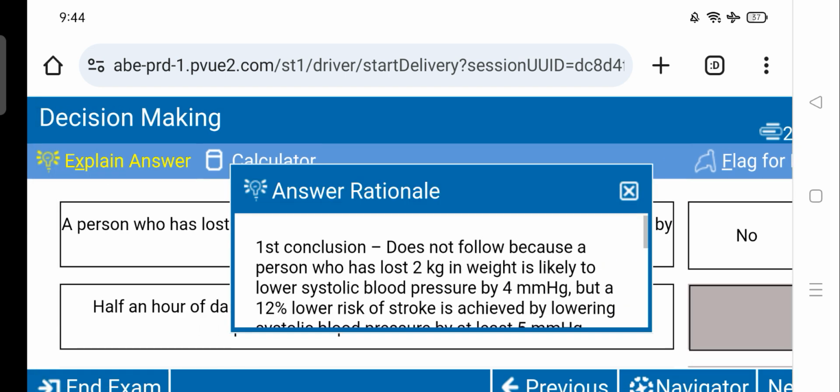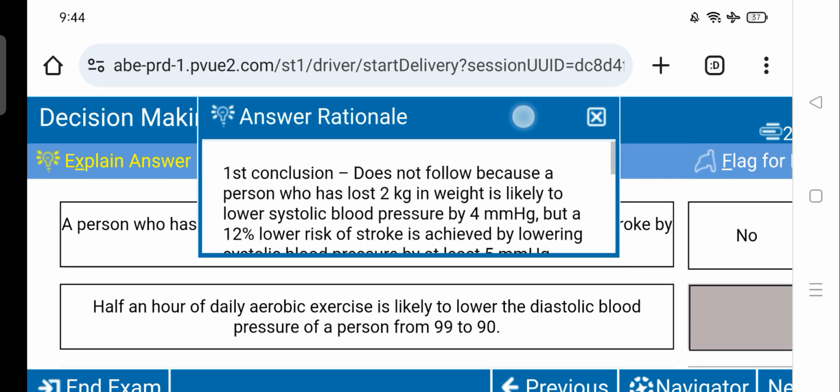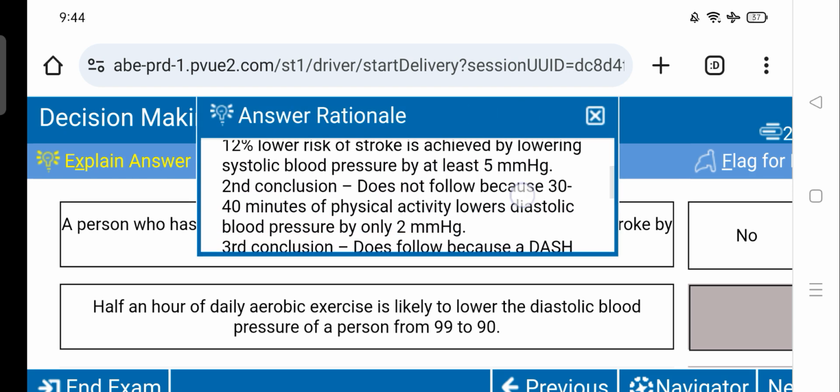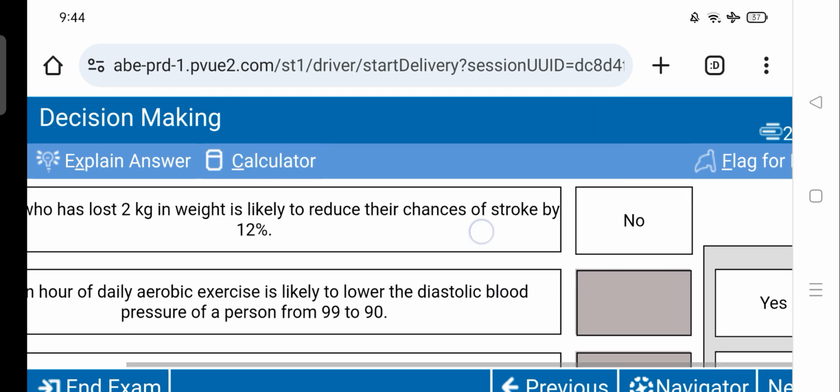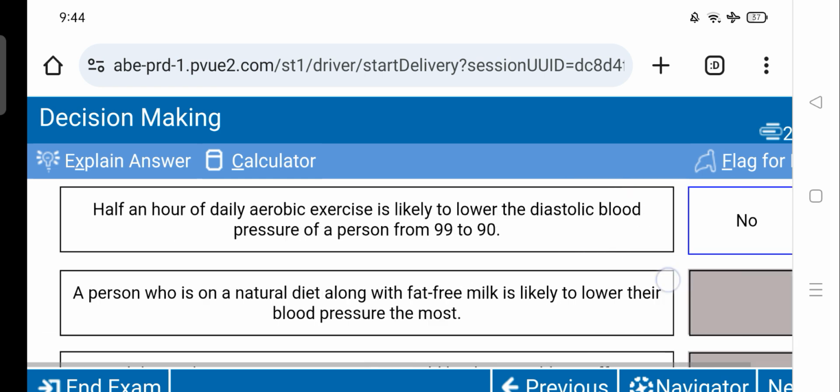Second conclusion, it does not follow because 30 to 40 minutes of physical activity lowers diastolic blood pressure by only 2 mm mercury. So again it does not follow, so we will drop a no in front of this conclusion.